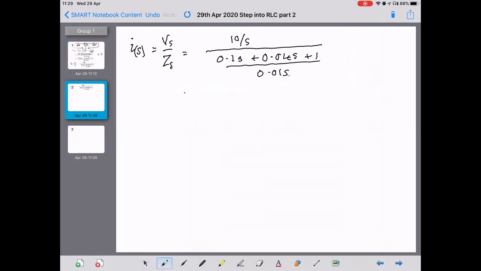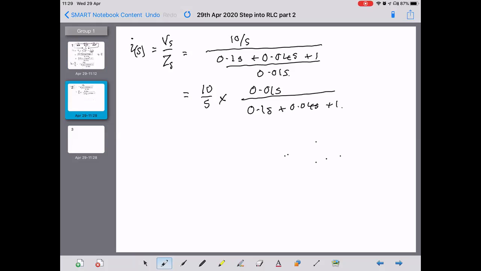Right, so we put 10 over S here, and then we multiply that by the other fraction turned upside down. So let's multiply in there: 0.01 S divided by 0.1 S plus 0.04 S plus 1. Everybody happy with that? Yeah.